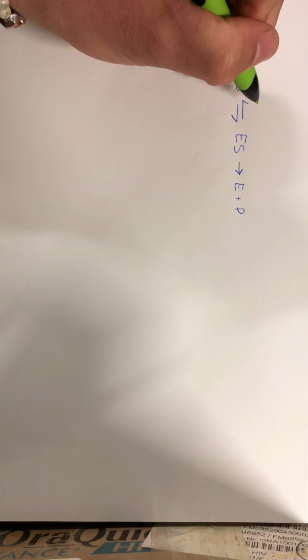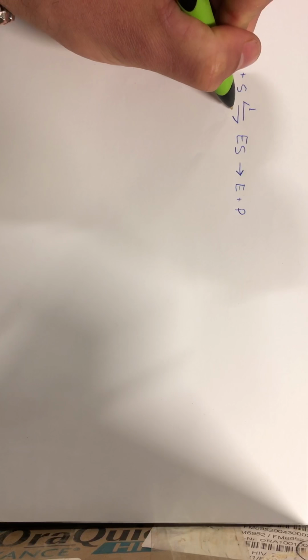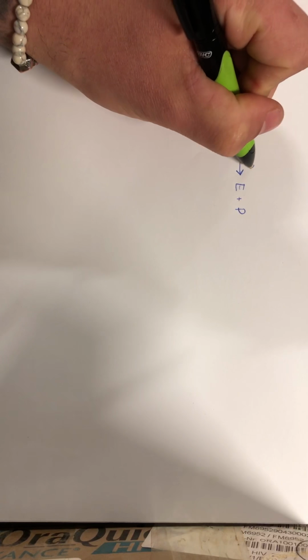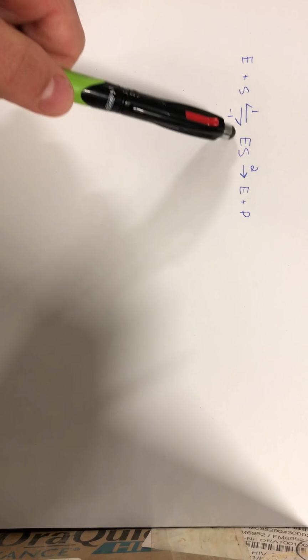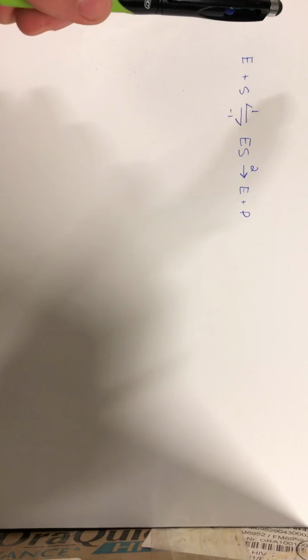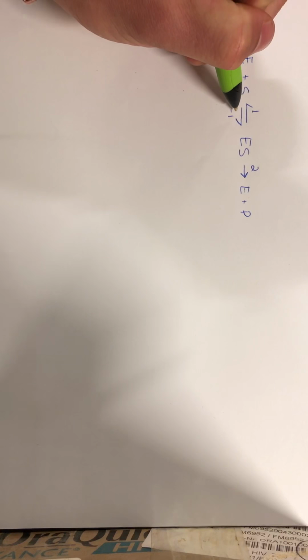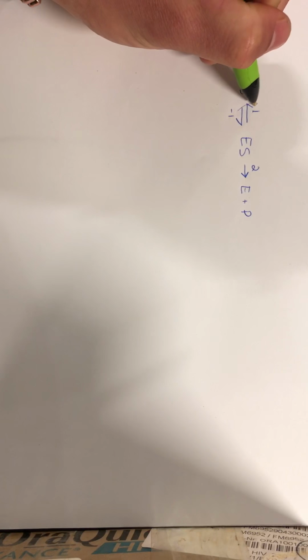Three different reactions going on here: 1, -1, and we'll call this one 2. So we have our forward arrow going one way, backward arrow going the opposite way. These would actually be switched. The backwards arrow would be this one, and this would be the forward arrow, positive one.